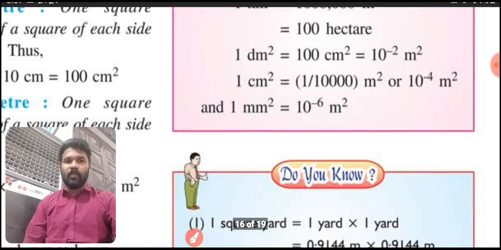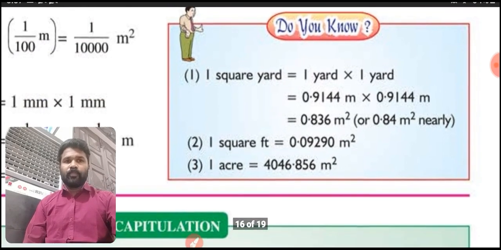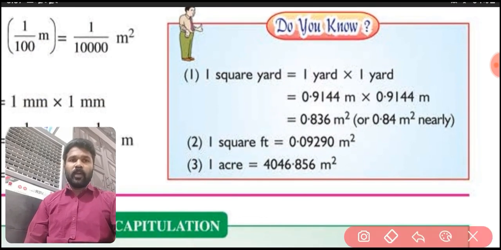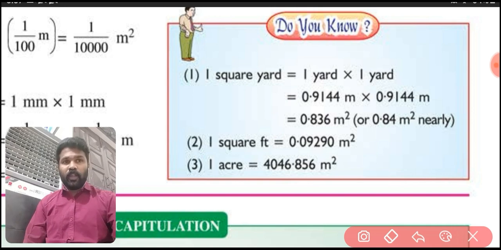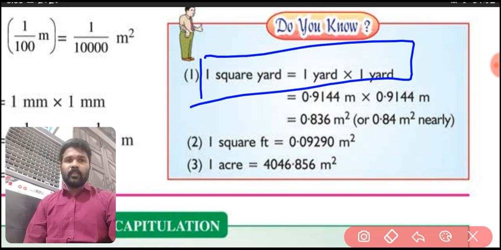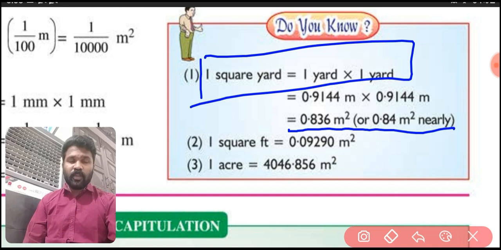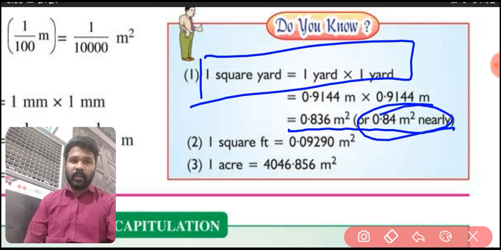Okay, now do you know, 1 square yard is equal to 1 yard into 1 yard, that is equal to 0.9144 meter into 0.9144 meter, that is equal to 0.836 meter square. By rounding off we get the answer 0.84 meter square nearly.